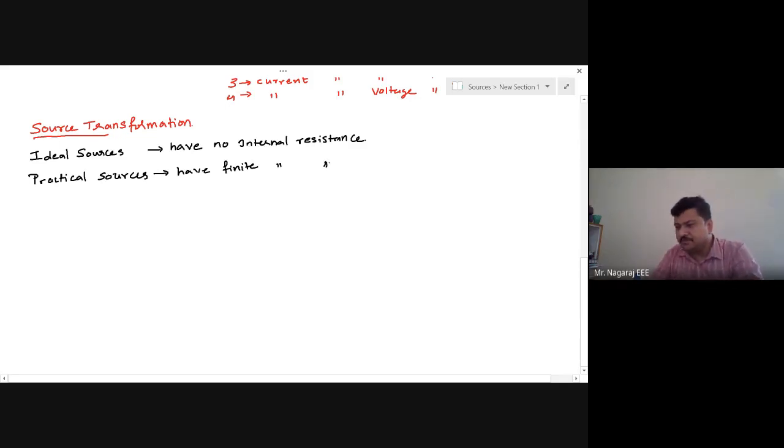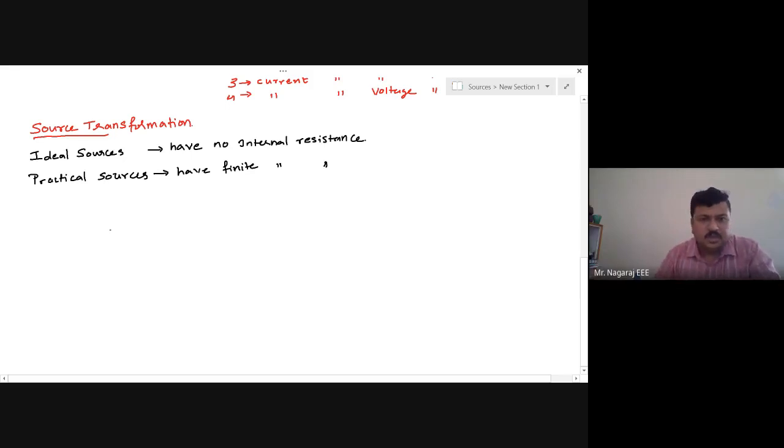So if I would like to know whether a voltage source is ideal or practical, just by observing the specification of the source, we can identify whether it is an ideal voltage source or a practical voltage source.